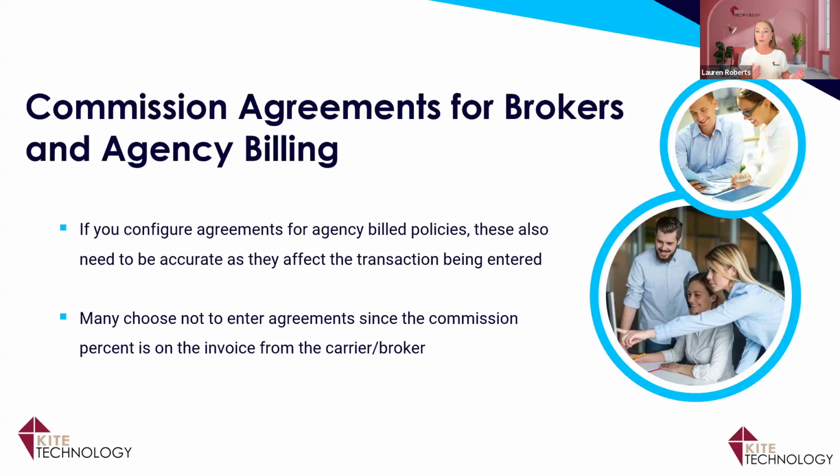So if you pull the wrong commission agreement in, or maybe a user just clicks that default and doesn't have to think about what that commission is, they might be pulling in the wrong information. So I typically recommend when it's agency bill, look at the invoice. You're going to get that information every time. So definitely would be my recommendation. But again, no harm in configuring those as long as you're staying on top of the fact that that needs to be updated regularly. You've got to audit to make sure we're pulling in the right commission agreements and so forth.